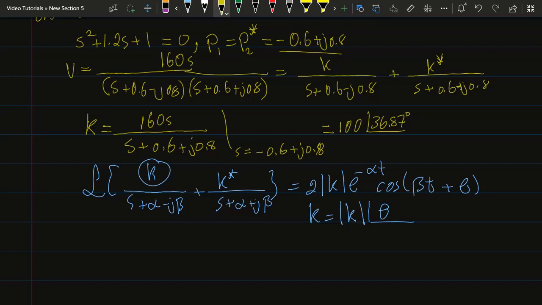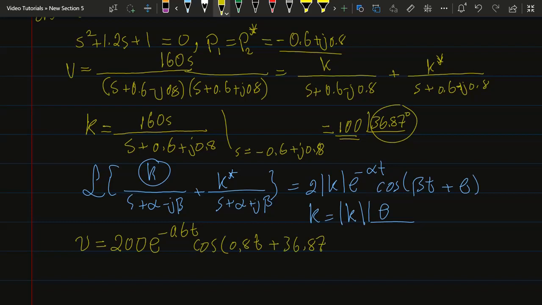So applying this formula, we can reach that v is nothing but twice times the magnitude. This is the magnitude, so twice the magnitude is 200, and then e to the minus alpha, in this case 0.6, so this is 0.6 t, and then cosine, the 0.8 is my beta t, and this is plus the phase angle in here, 36.87 degrees, and this is for t more than 0.